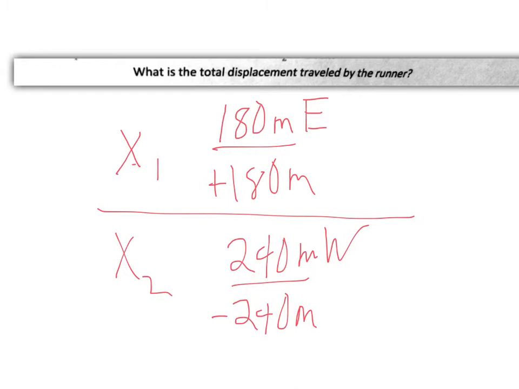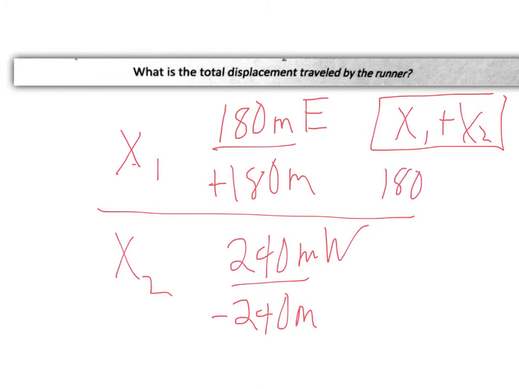So if I was to take my x1 and my x2 and add them together, that's going to give me the total displacement. Well, x1 is positive 180. x2 is negative 240.